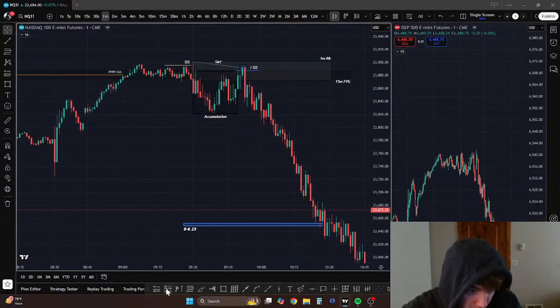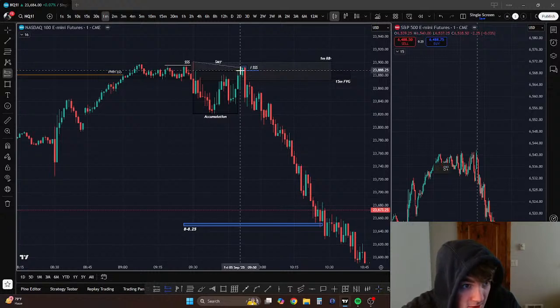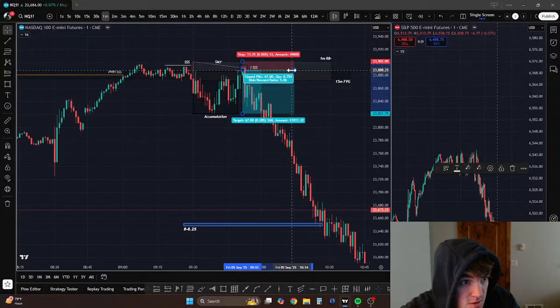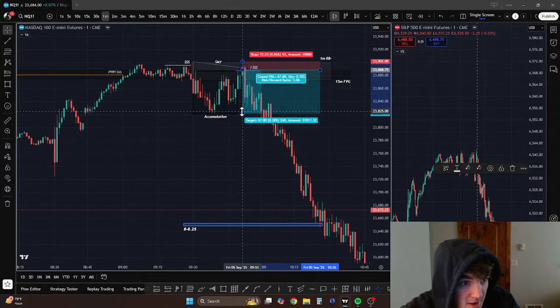And then, yeah, up into the consequent encroachment of the rejection block. Stop loss at the high. And then we can take this down to the 8th standard deviation.